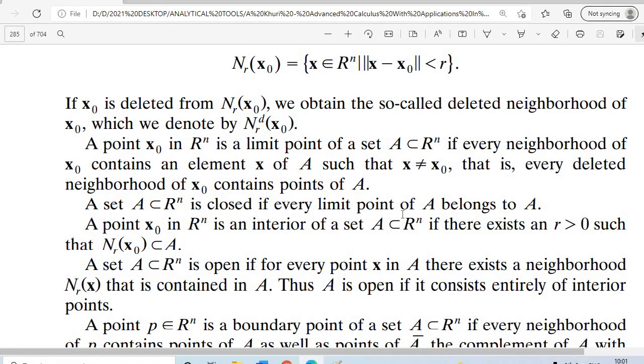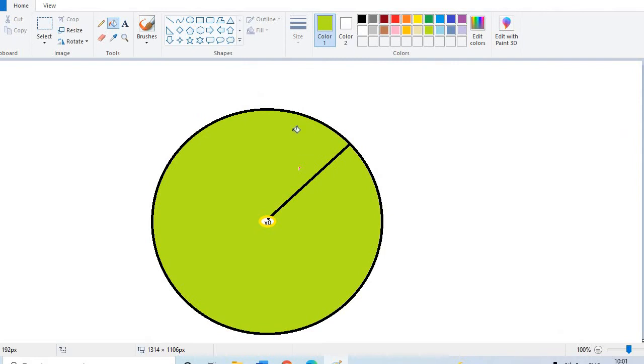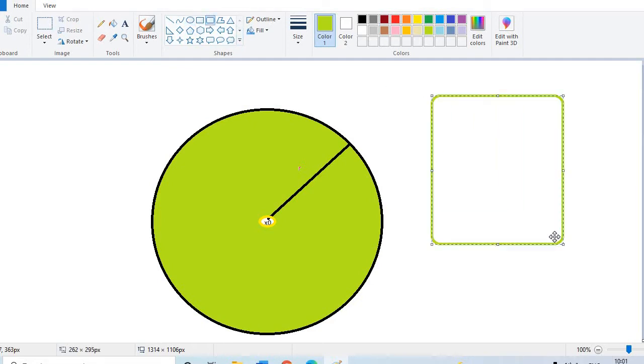Let us consider a point x naught, and the concept of a limit point is nothing but, I will draw that figure. Let us consider this figure.